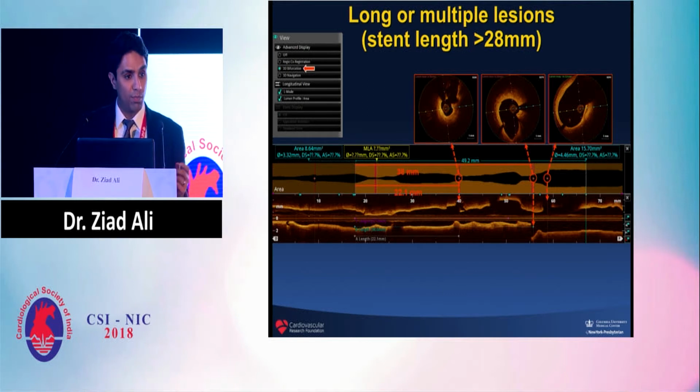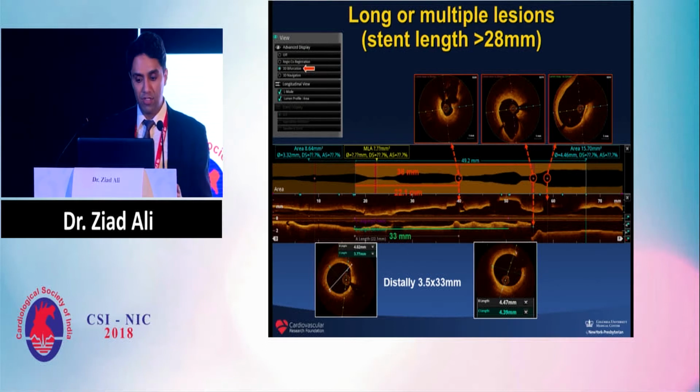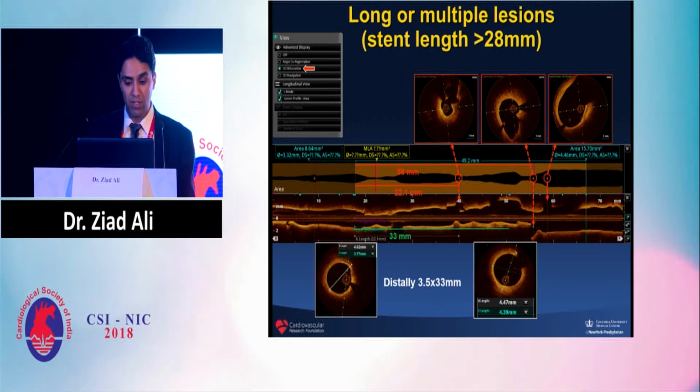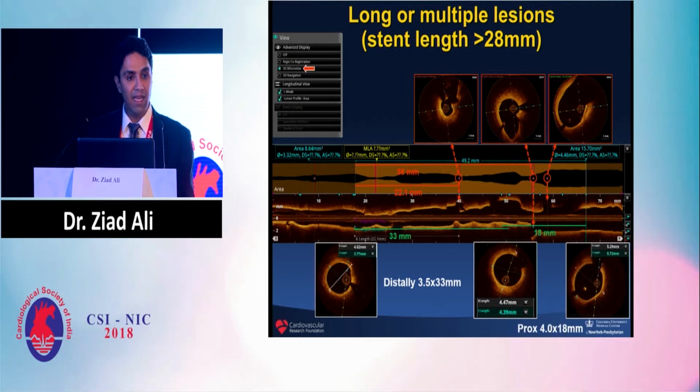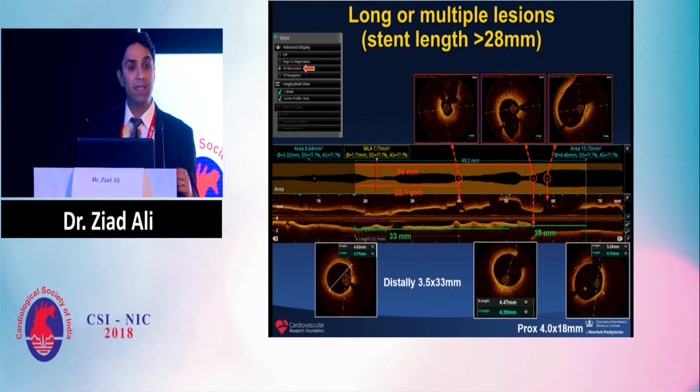Instead, what you can do is perform a tailored therapy and identify that a 33 millimeter stent distally will land both distally and proximally into a completely normal segment of artery, and an 18 millimeter stent proximally will also land from normal to normal. Critically, this also takes into account the dynamic range of each of the stents, because a 3.5 millimeter stent cannot be taken up to 5.5 millimeters.